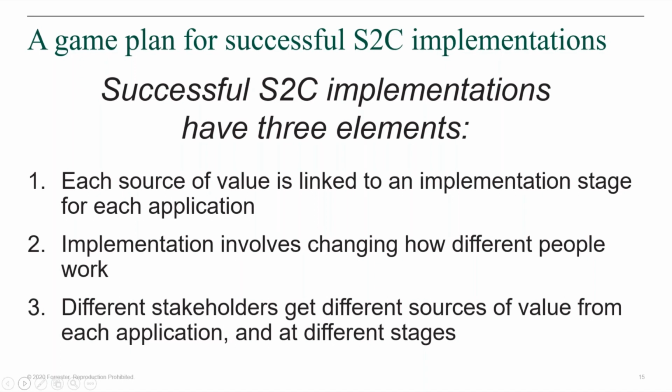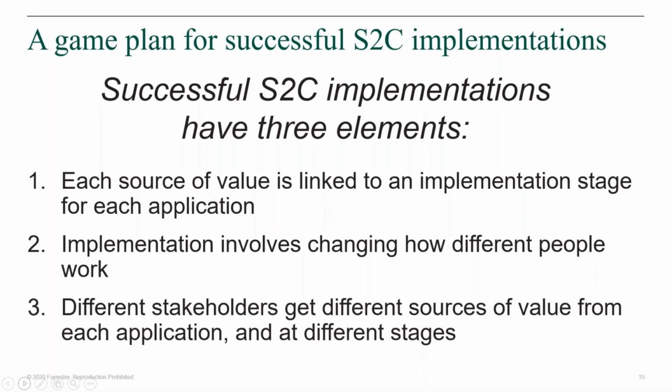But what makes source-to-contract complicated is that it has many stakeholders. You may think of source-to-contract as having the Chief Procurement Officer as the stakeholder. And to a certain degree, that's true. But CPOs are not the only ones who can use these products, have access to them.